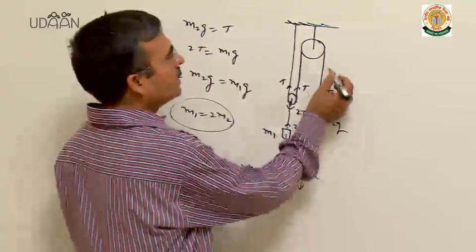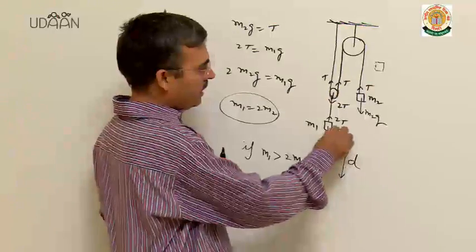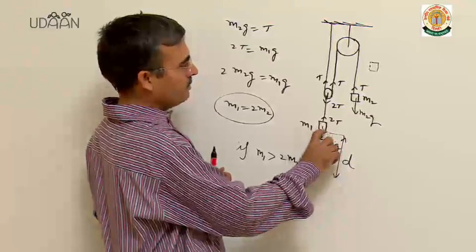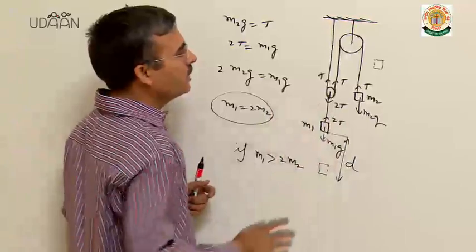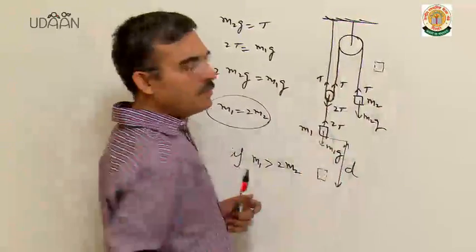तो बच्चों बताइए कितना ऊपर जाएगा? मान लीजिए d डिस्टेंस नीचे आता है, तो बाय द कांस्टेंट रिलेशन जो आपने स्टडी किए हैं, बताइए कितना ऊपर जाएगा M2 ब्लॉक?